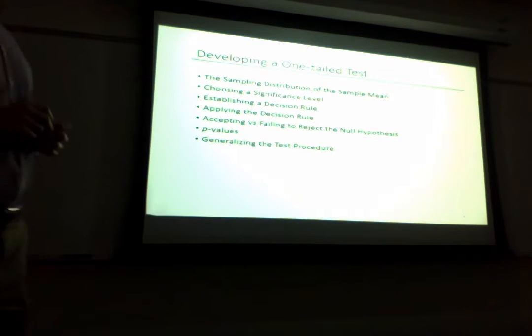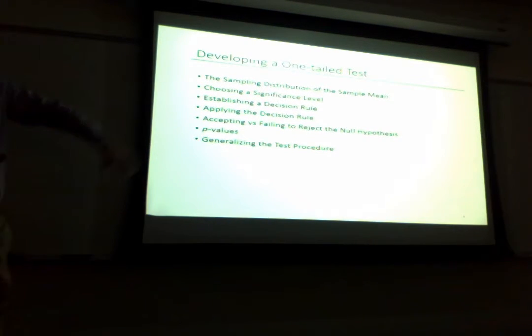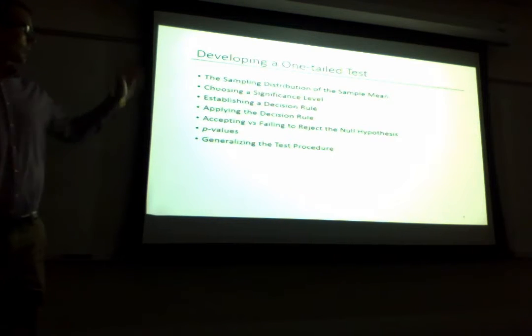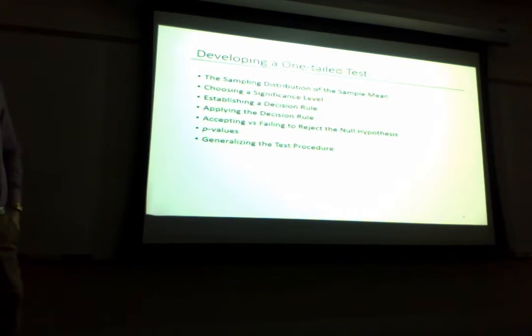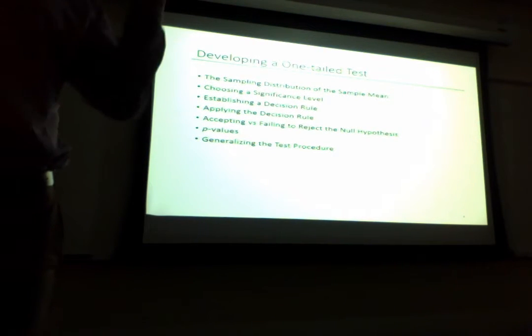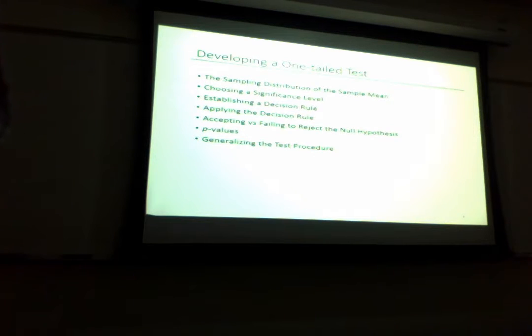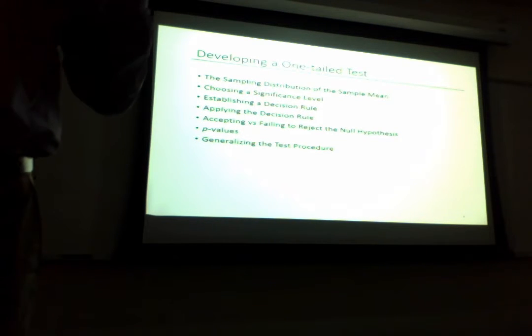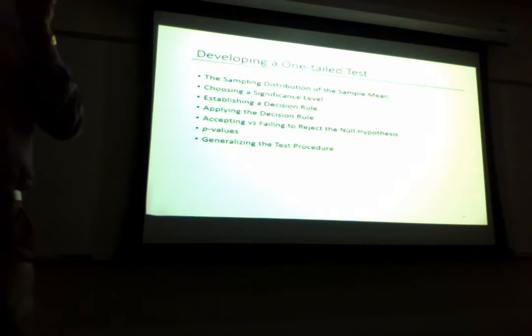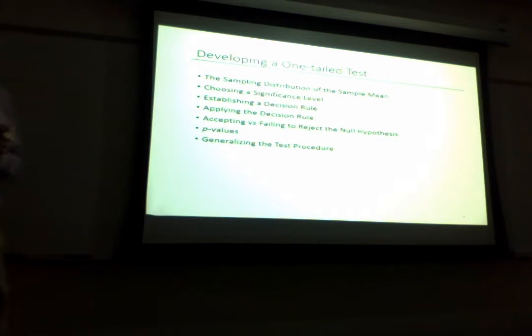All right, so we went through a process with our, say, one-tailed test. The sampling distribution of the sample mean is key to making our decisions, because we know if we take samples, it goes on that beautifully normally distributed sampling distribution of the sample mean, and then we can say, well, that's only 5% likely or 1% likely because of what we know about the sampling distribution of the sample mean.